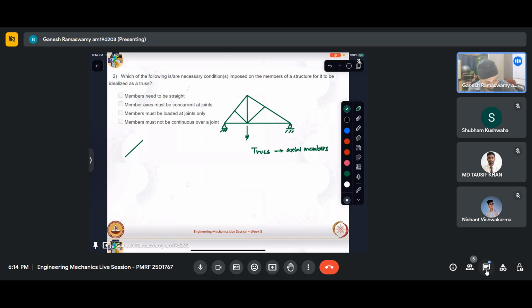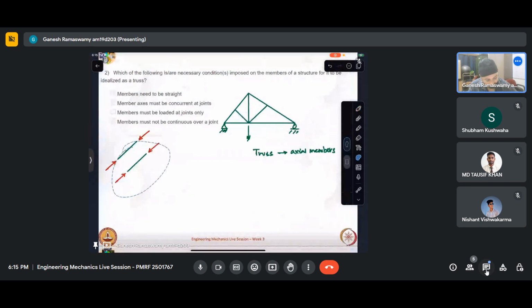This is a member, and I apply a load like that. So this is a two force member, I can see. It is under compression. Now the same thing, but this time I put an inclined member or a curved member like that.